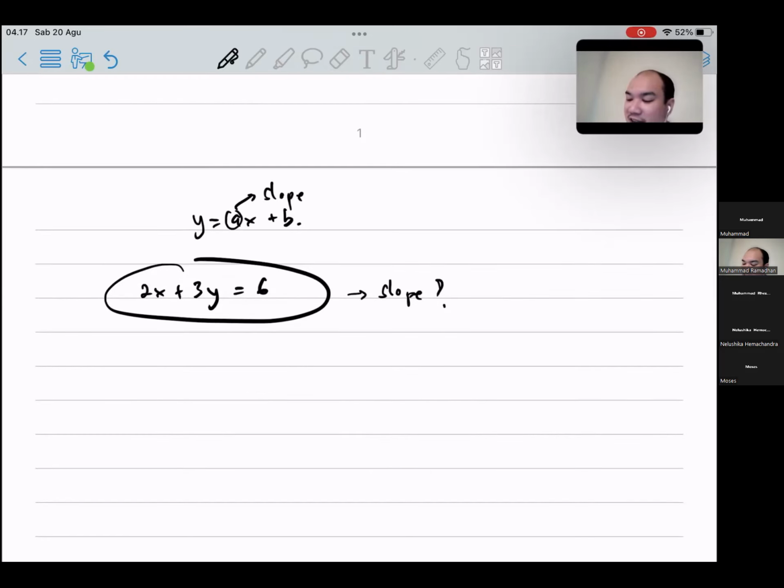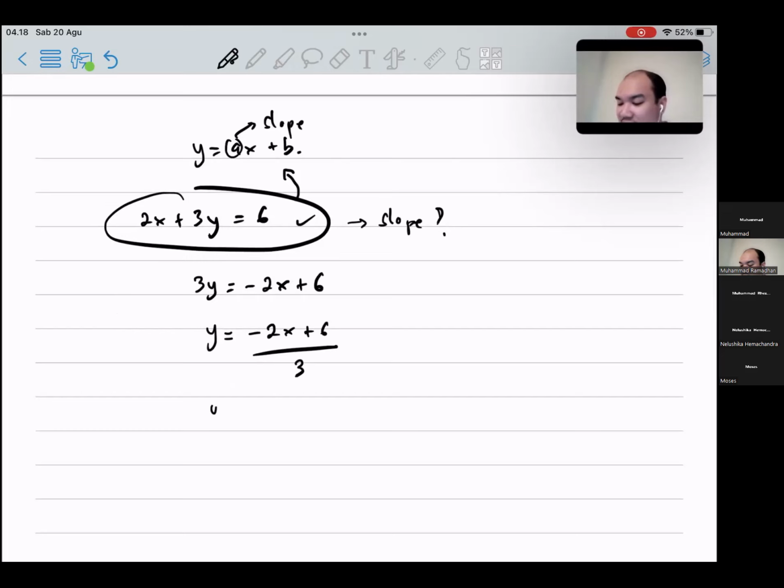So you have to convert this equation until you get y equal to ax plus b. How to change it? We can change this equation to 3y equal to minus 2x plus 6, and y equal to minus 2x plus 6 over 3.